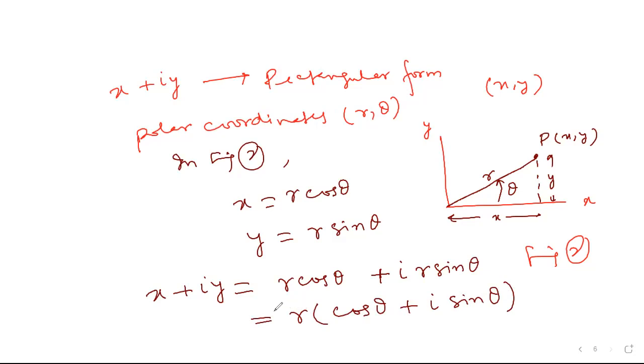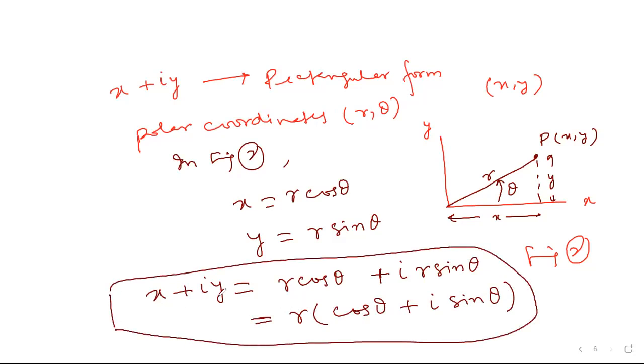Right? Now this expression, x plus iota y is equal to r times cos theta plus iota sin theta, is called the polar form of the complex number, right?